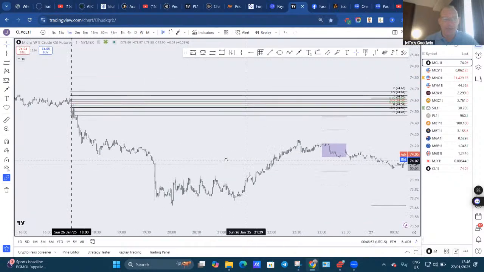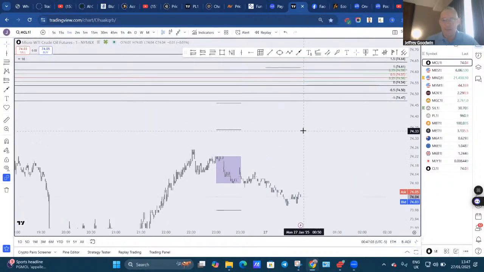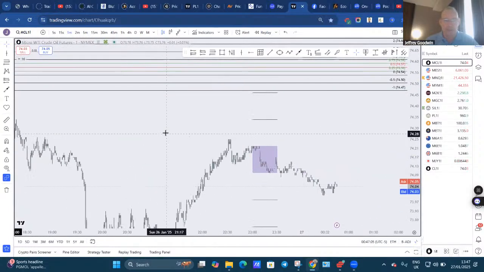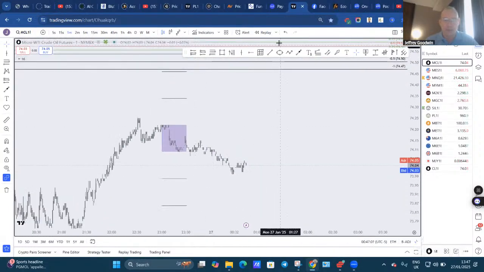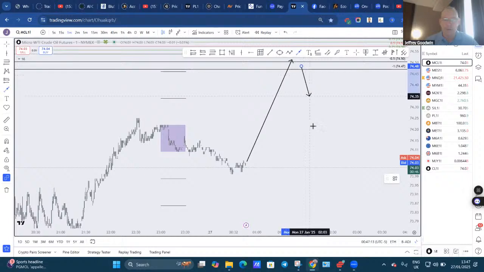So it's a little bit different today. So what I'm suggesting is this might have to come back. Oh, that's a big gap. That is a big gap. What I'm suggesting is to come all the way back up and then drop off.